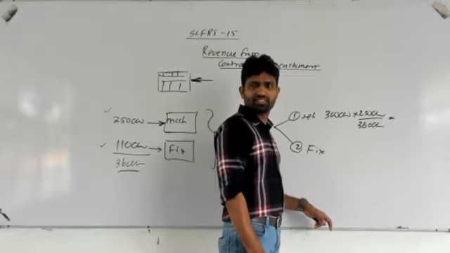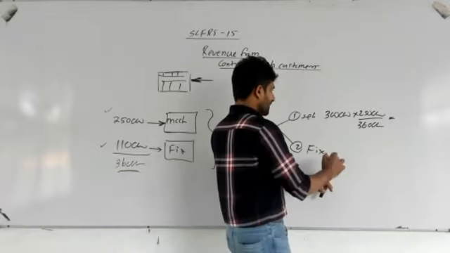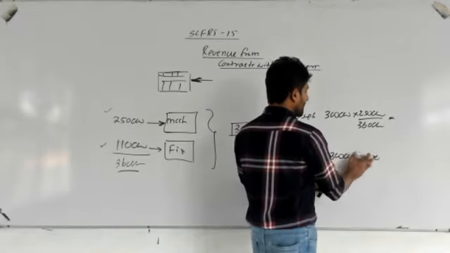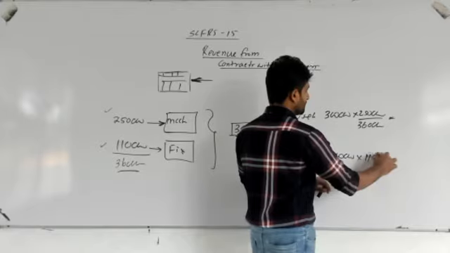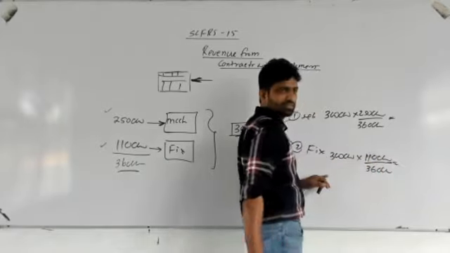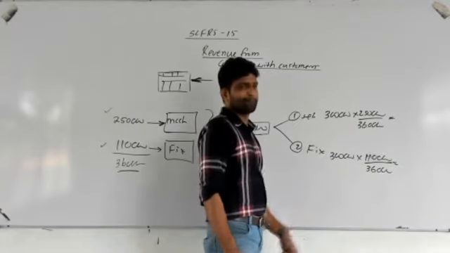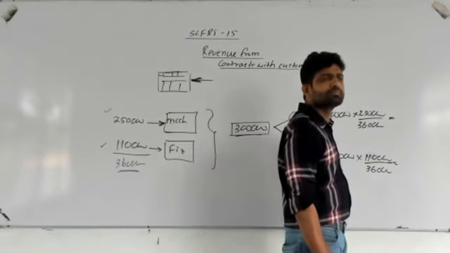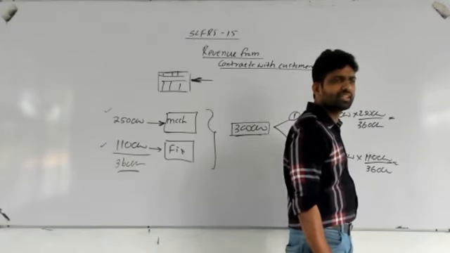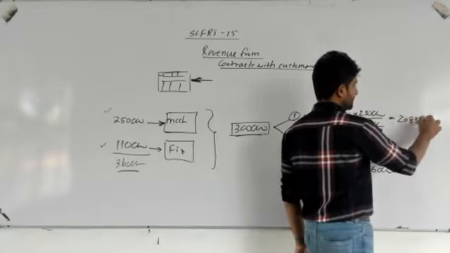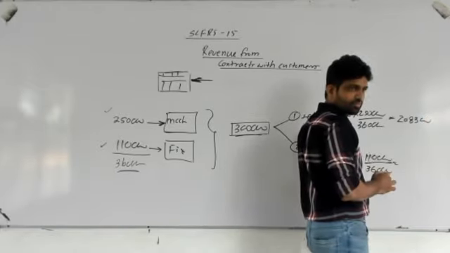Relative standalone selling price. 300,000 into 110,000 over 360,000. This one is the relative. Right?